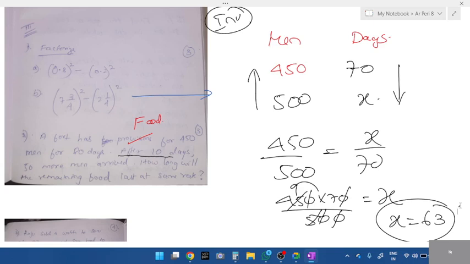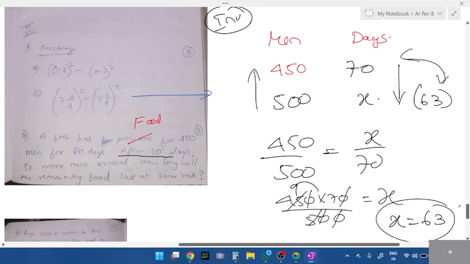All of you got 63? Or check if you have gone wrong in any calculation part. So the food will last for 63 days, students. That is 7 days less. Look at this, compare, 7 days less, just because of those 50 men.